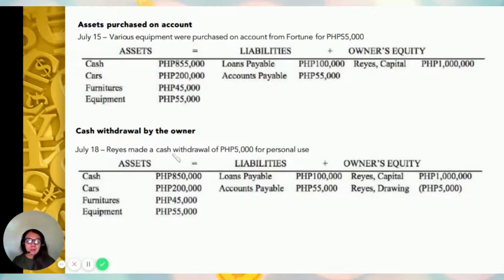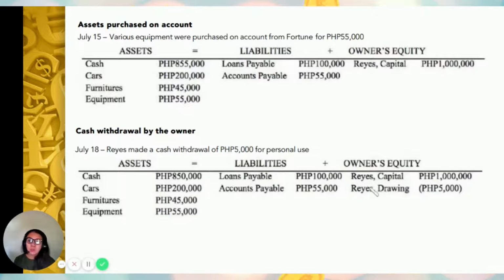If he made a cash withdrawal, that means from 855,000, our cash balance would be less 5,000. So 855,000 less 5,000. Then now our cash is only 850,000. And the equivalent account on the other side would be Reyes drawing.